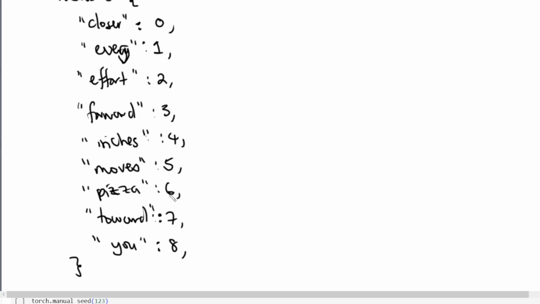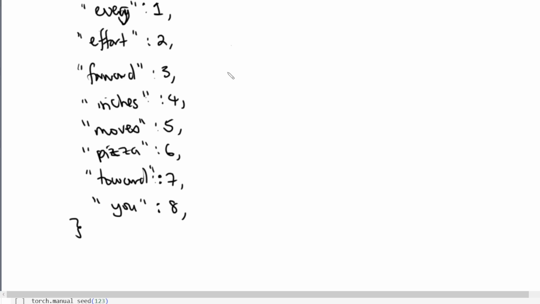And then we'll, of course, have our inverse vocabulary. So now what we can do is use the model to predict the next token, starting off with every effort moves you, whatever it's going to be. It gives us back logits, and these logits are converted to probabilities using softmax. Normal process.